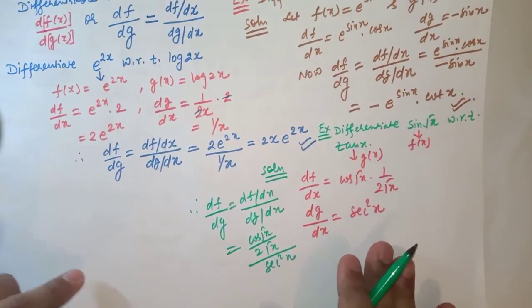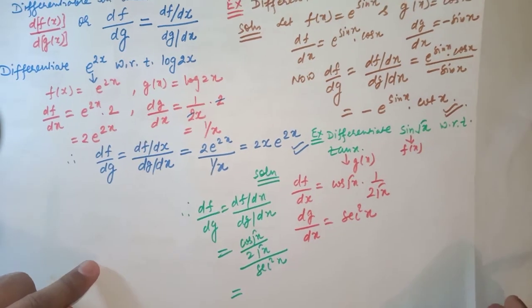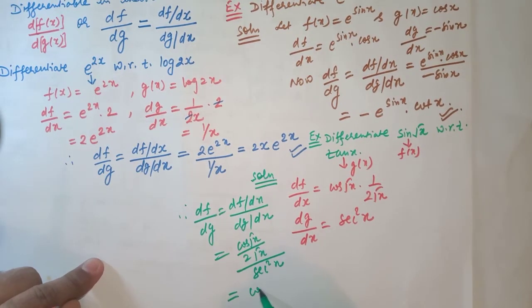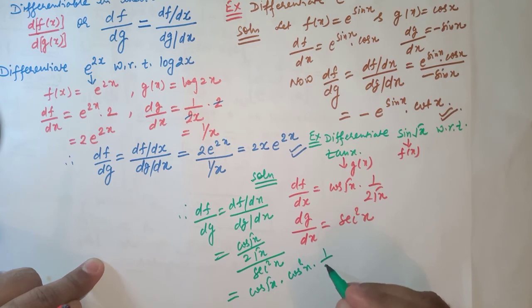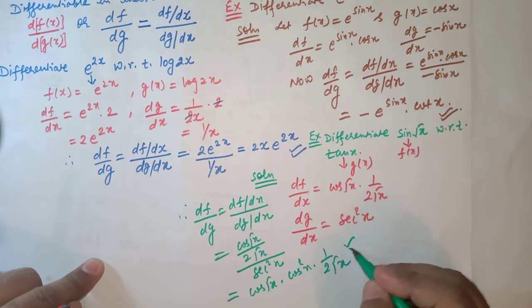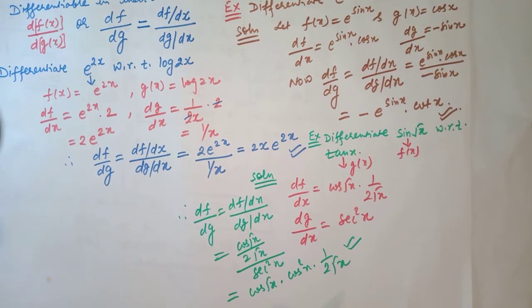So this can be written as cos root x multiplied, because 1 upon secant square x is equal to cos square x. So we have cos root x times cos square x multiplied by 1 over 2 root x. So this is the required derivative.